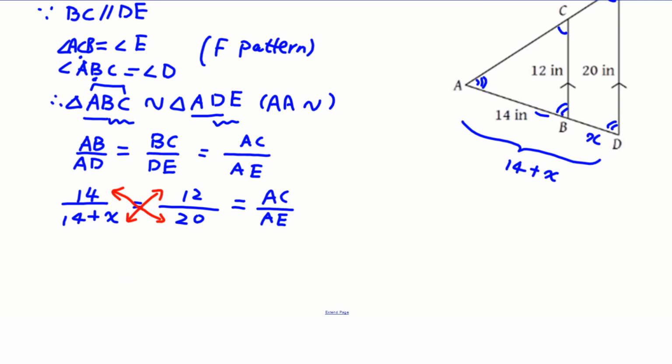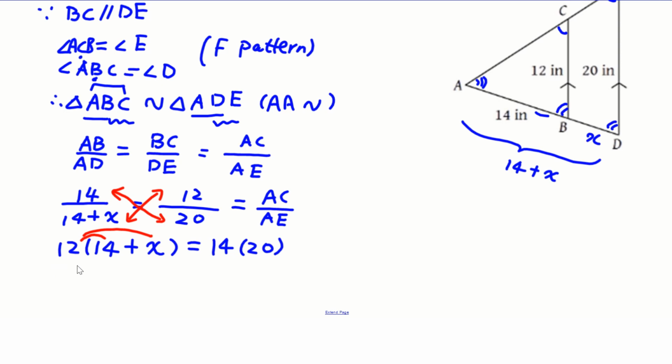Then we are going to have 12 times (14 plus X) equals 14 times 20. When we are solving a linear equation, we want to get rid of the bracket. The reason is we want to collect the like terms. With the bracket, we are not able to collect like terms.